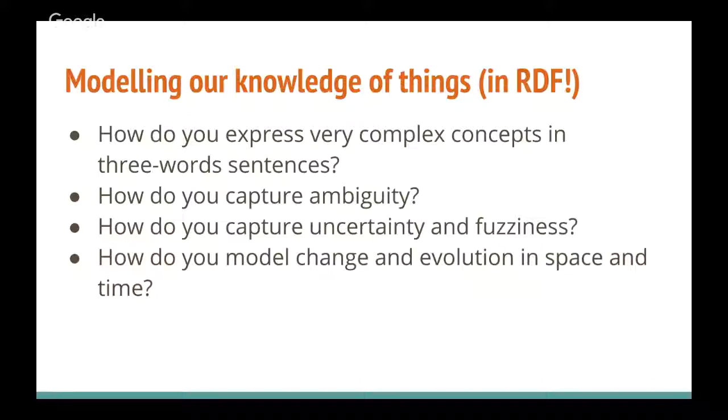So how do we do that? And how do we express, for example, things like ambiguity or uncertainty or fuzziness in these very, very simple and basic sentences? How do we categorize them? What are the properties that we use, and so on? But even before we start asking ourselves this question, the point is how much information we want to try to express.